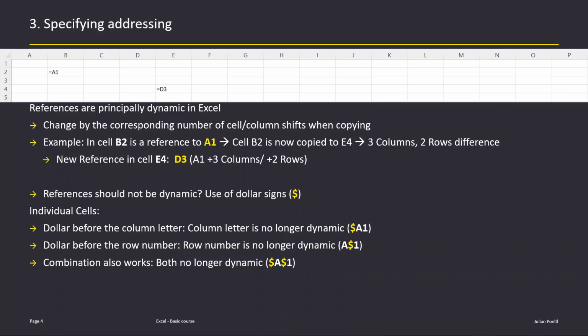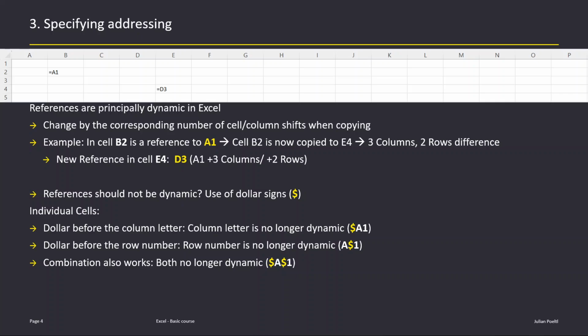Yeah, and as you can see, also multiple rows or columns can be selected. And now we're facing an important thing to know. So you know what addresses are and how to use them and how to reference them and how to navigate through your Excel sheet. And you need to know that in principle, the references in Excel are so-called dynamic.